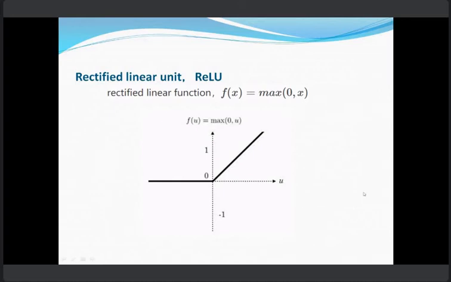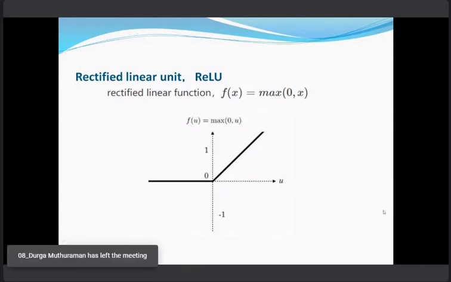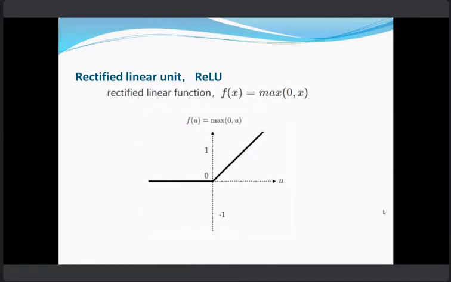So what is an activation function? It decides whether a neuron is to be fired or not, whether that neuron produces any meaningful output or not. In convolutional neural networks, we use ReLU, the rectified linear unit activation function. As you see in this graph, the equation is f(x) = max(0, x), so only positive values pass.